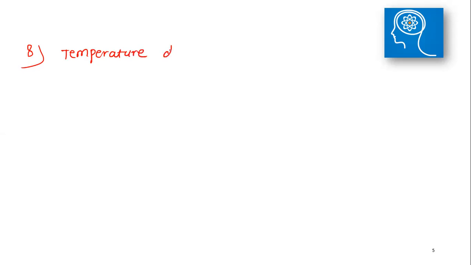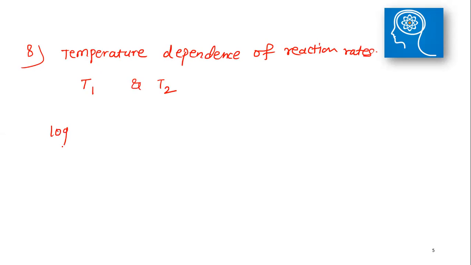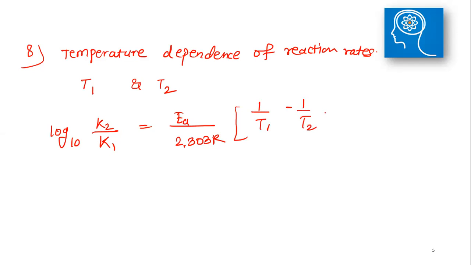Temperature dependence of reaction rates. Okay, if two different temperatures are given, T1 and T2, then log to the base 10 k2 upon k1 is equal to Ea upon 2.303 R in bracket 1 upon T1 minus 1 upon T2.